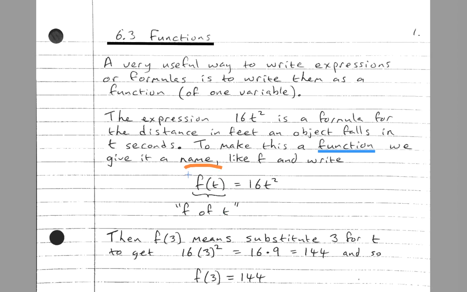All right, so this sets up the function f. This f is a function of t, so the variable is t. And if you give the function a number, it gives you back a number.